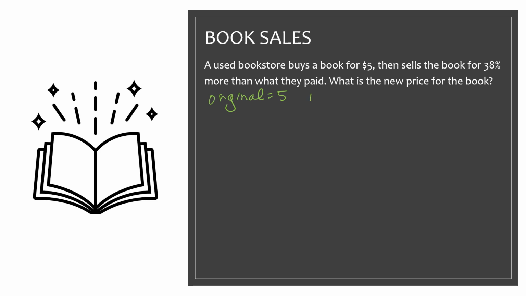So an increase of 38% more than what they paid. What's the new price of the book? So I want to know the change. So if I'm doing my guesswork here, this is my given. My unknown, they want to know what is the change.